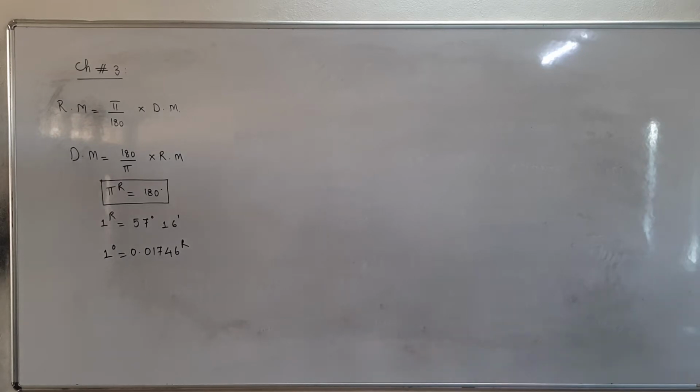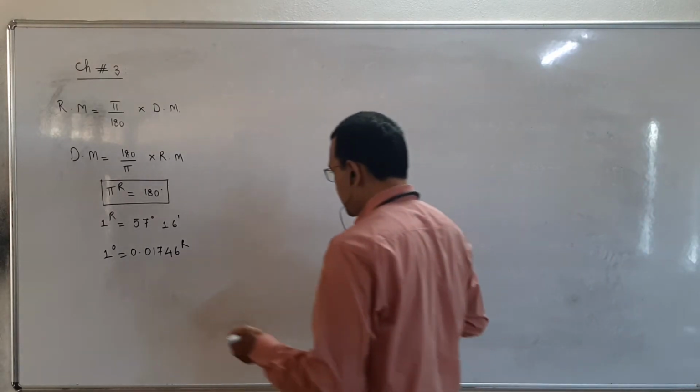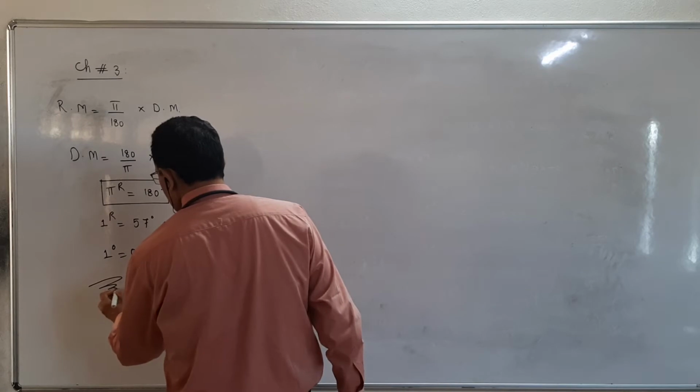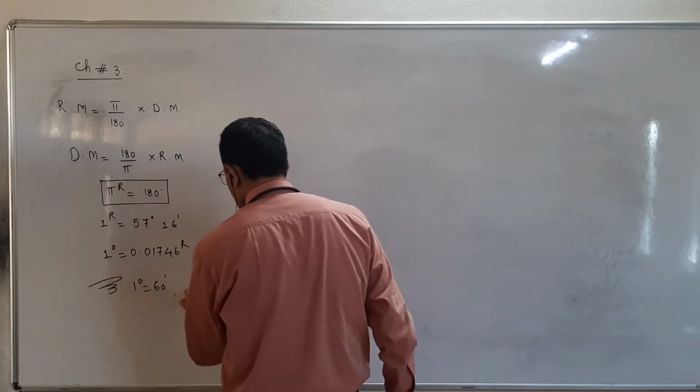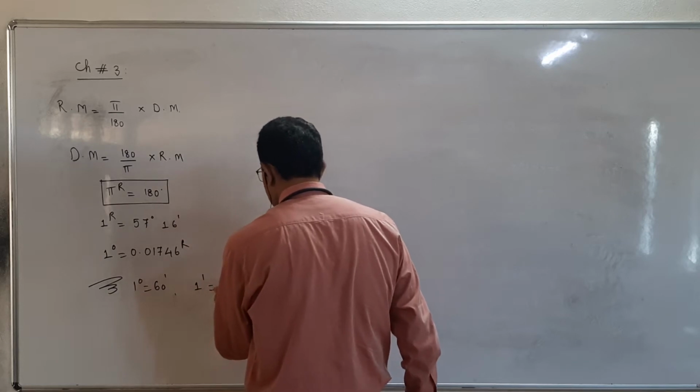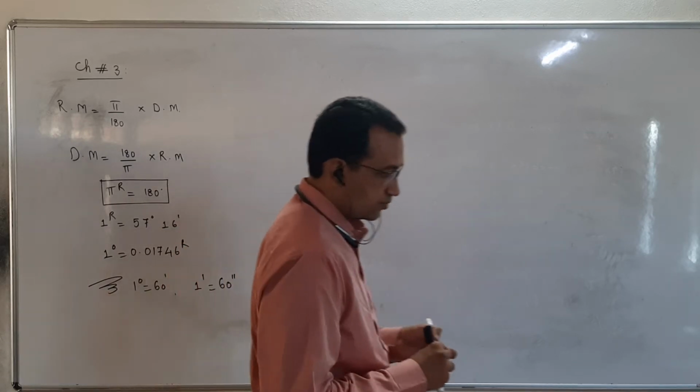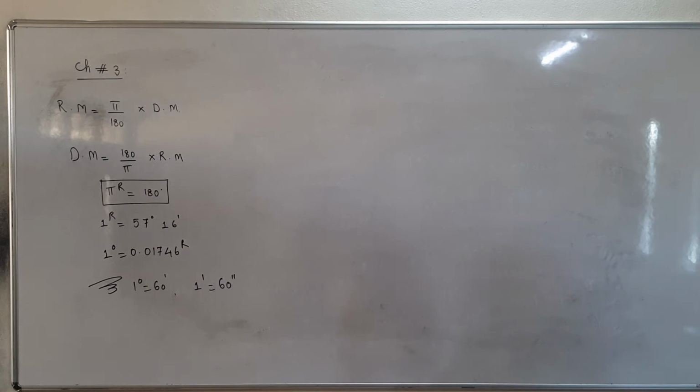Now 1 degree is 60 minutes and 1 minute is equal to 60 seconds. This also, I suppose, all of you easily remember and revise.